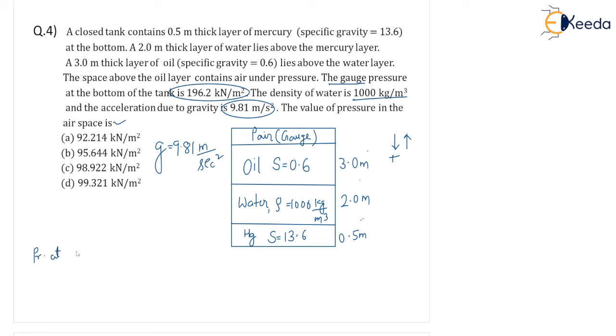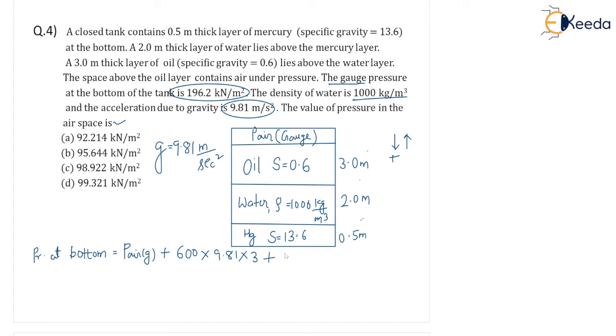Pressure at the bottom is equal to the pressure of air, that is gauge pressure, plus rho g h: 600 into g 9.81 given, into h 3. This is for the oil.